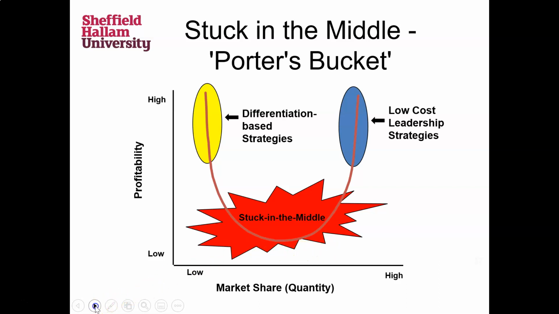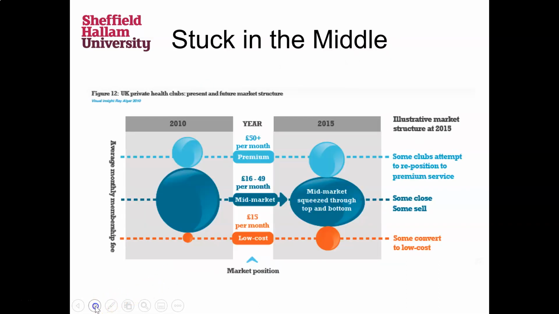Now, if we think about the gym industry in the UK, before 2010, we didn't have low-cost gyms. So in this diagram, we've got, in 2010, a growing low-cost gym industry, but just a few, not many. And up here, we've got a few premium differentiator clubs charging a high price.